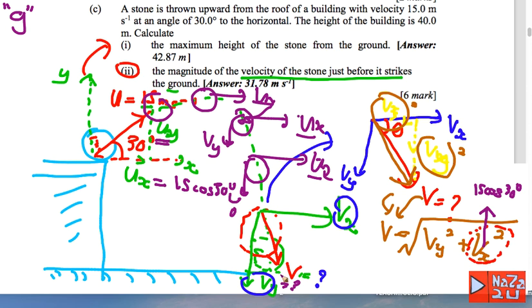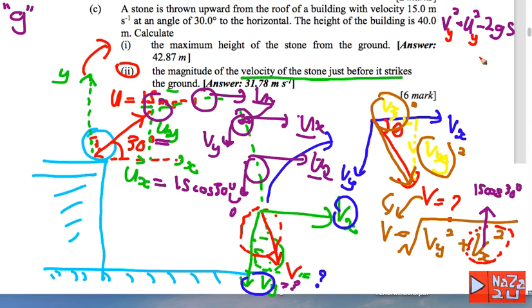To calculate vy, you can use the equation v squared equals u squared minus 2gs, right? And now we talk about the vertical, so this is vy and uy.